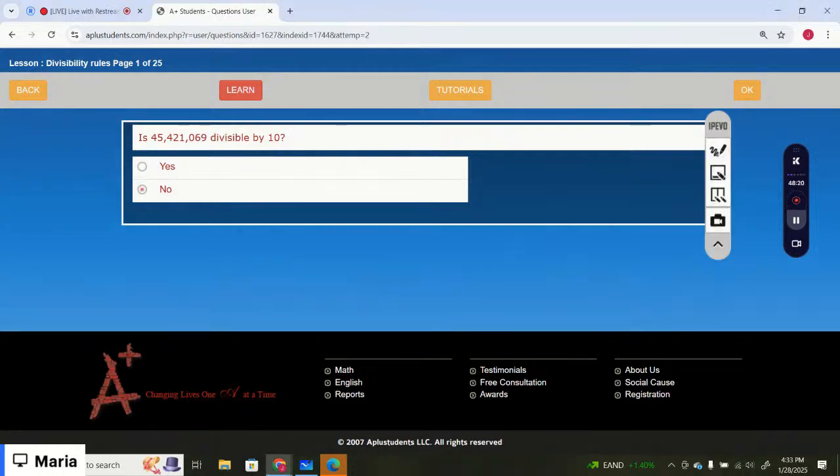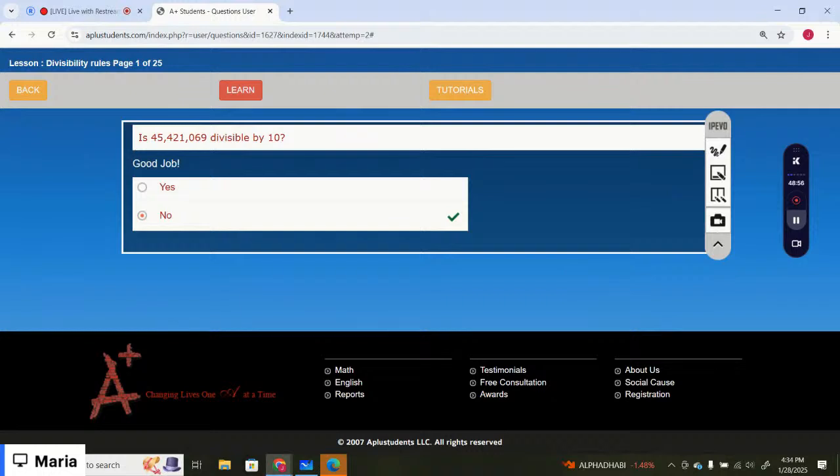The correct option is no. The divisibility test for 10 is if the ones digit of a number is 0, that means the number is divisible by 10. The correct option is no, that is not divisible by 10.